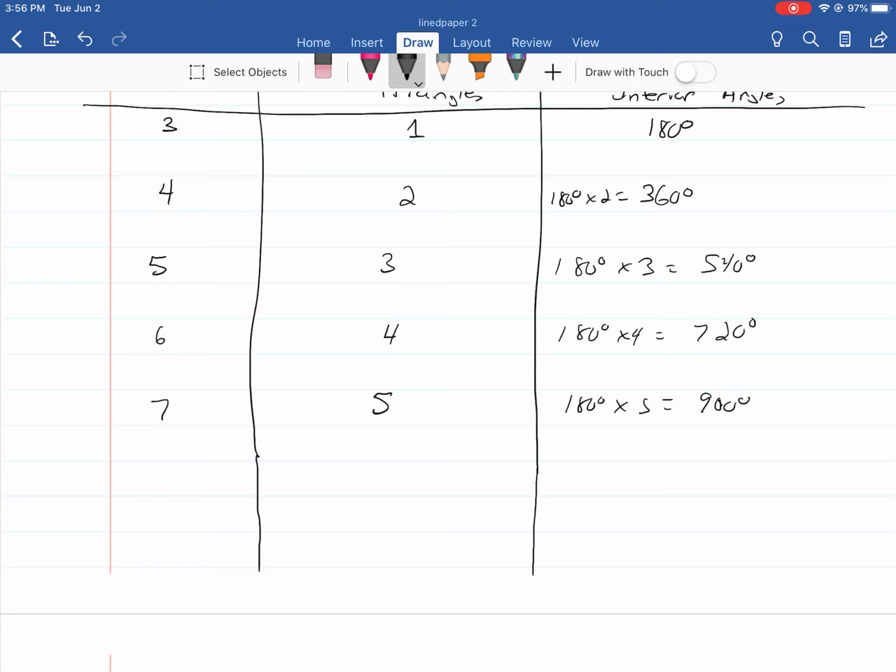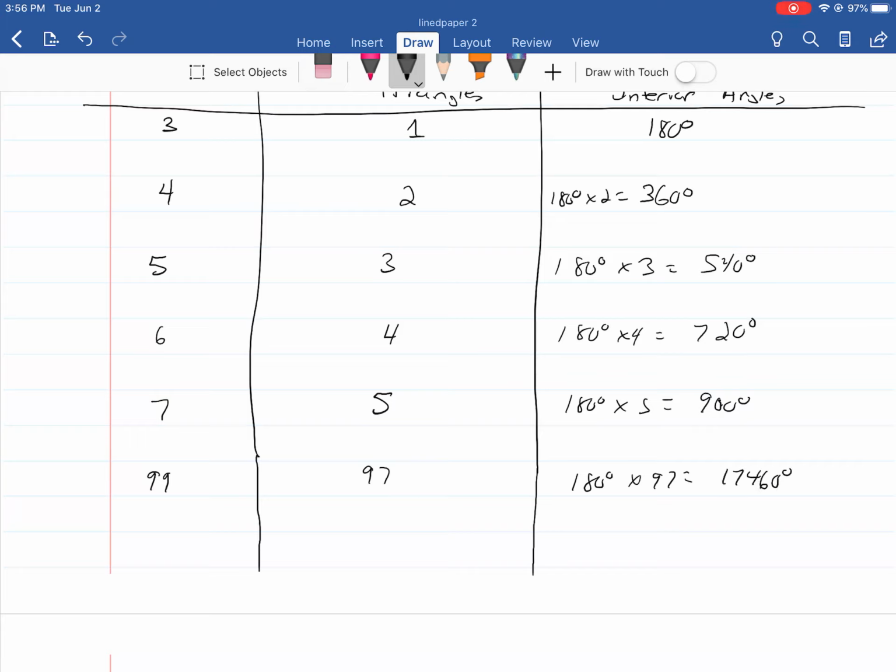We can do any number of sides without having to draw it. Say, well, what if I went to like 99 sides? How many interior triangles? That'd be tough to draw. But if you did draw it, what you'd find is 97 interior triangles, and you'd go 180 degrees times 97. Well, that's pretty crazy. Let's just type it in to get the answer. 180 times 97 is 17,460 degrees.